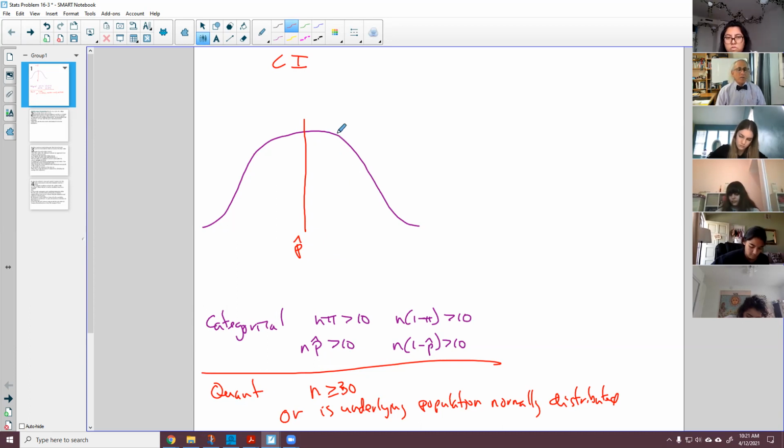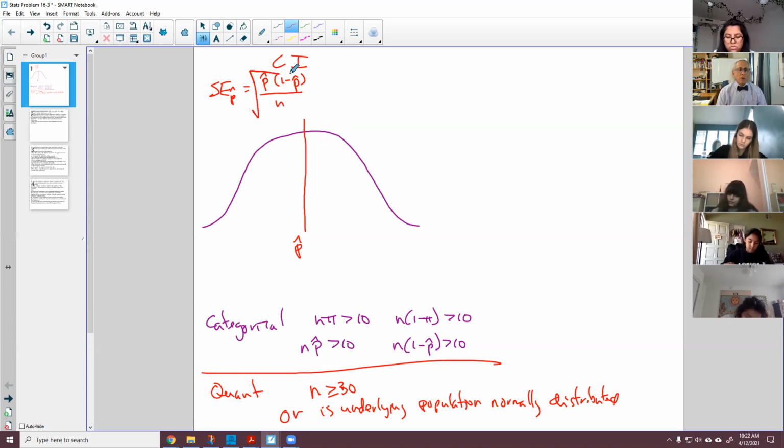And using p hat, we can find our standard error of p hat, which for proportions is the square root of p hat times 1 minus p hat over n.